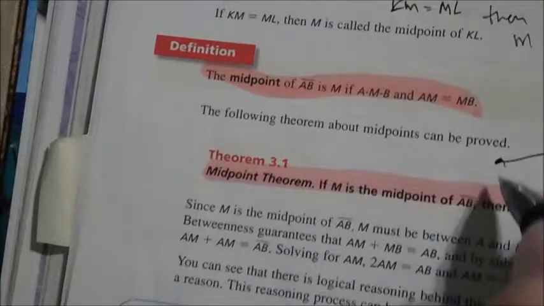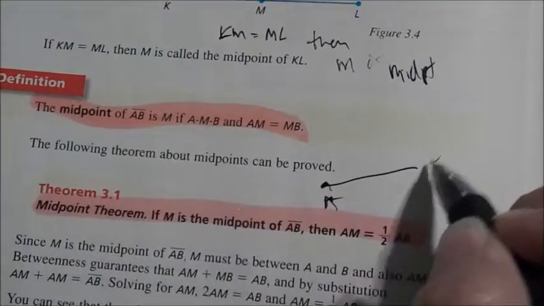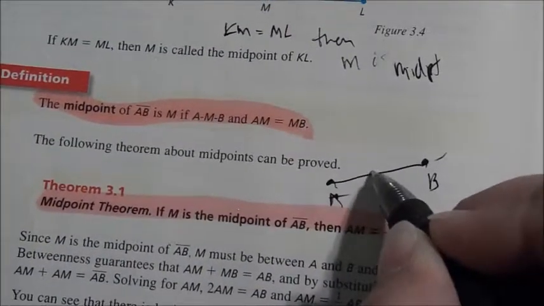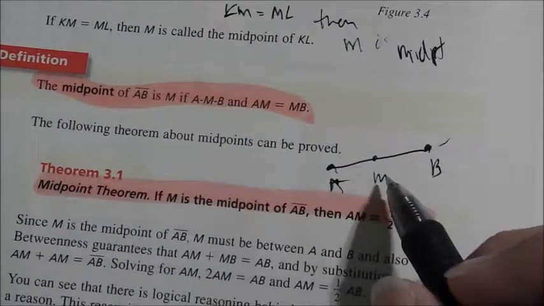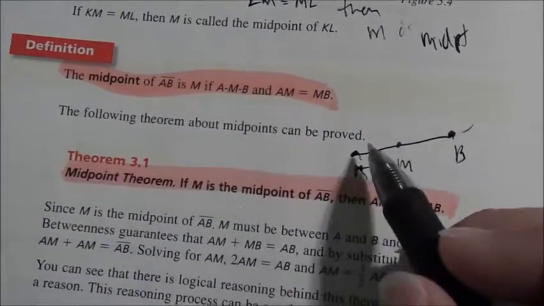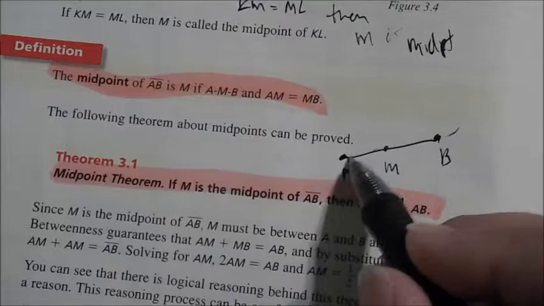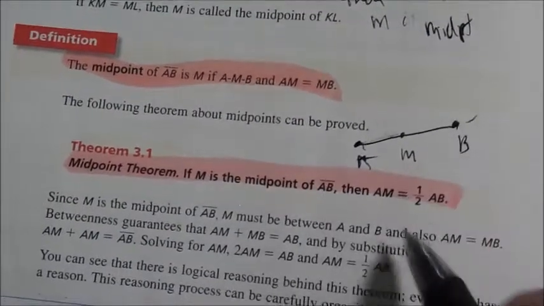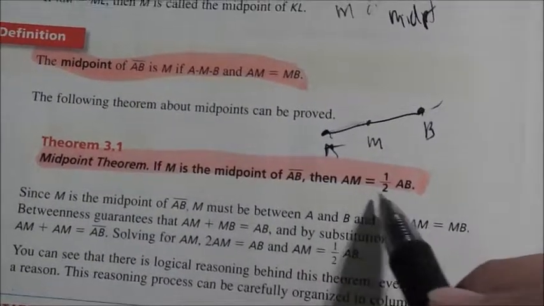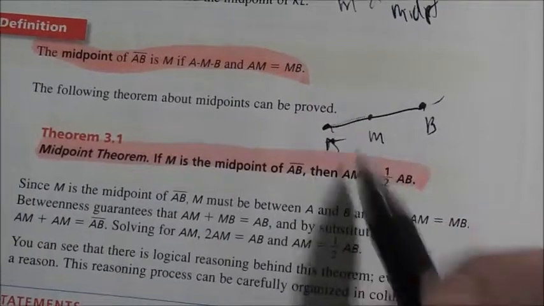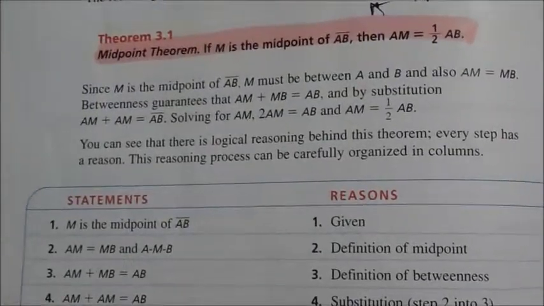Let's do A, B, and M. So if M is the midpoint, so it's perfectly in the middle, then AM is half of the whole thing. That's just what it's saying right here. AM, the distance from A to M, is half of the entire distance. So that's what the midpoint theorem says.